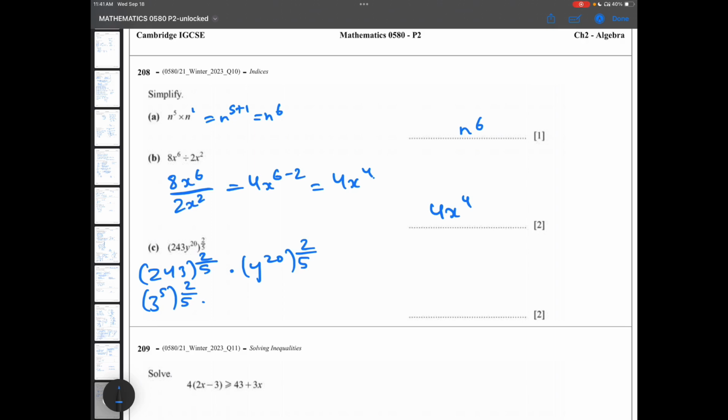When we have power on power, according to the law, we multiply these powers. 20 multiplied by 2 upon 5, the 20 will cancel with 5. 20 becomes 4 and 5 becomes 1. Now we'll multiply 4 with 2. It becomes y to the power 8.